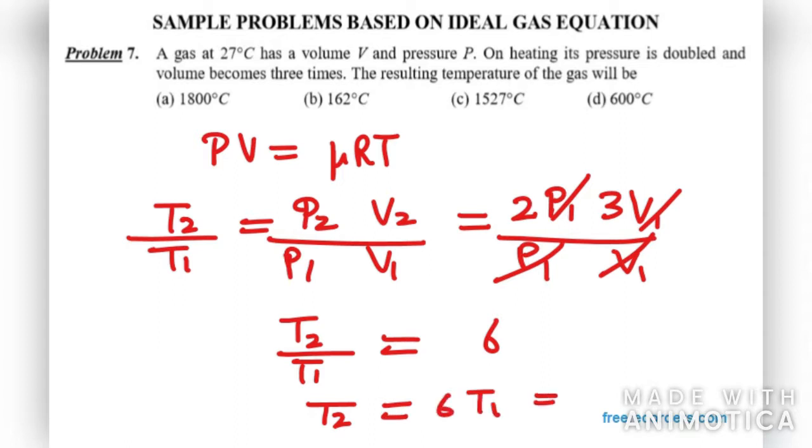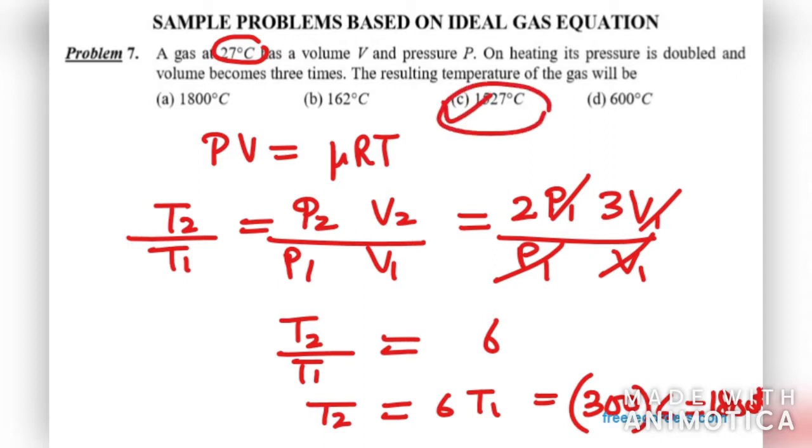T1 in this case is 27 degrees Celsius, and you have to change it into Kelvin, so it will be 300. 300 times 6 is 1800 Kelvin. Now if you want to change it into degrees Celsius, it will be 1527 degrees Celsius, which is option C.